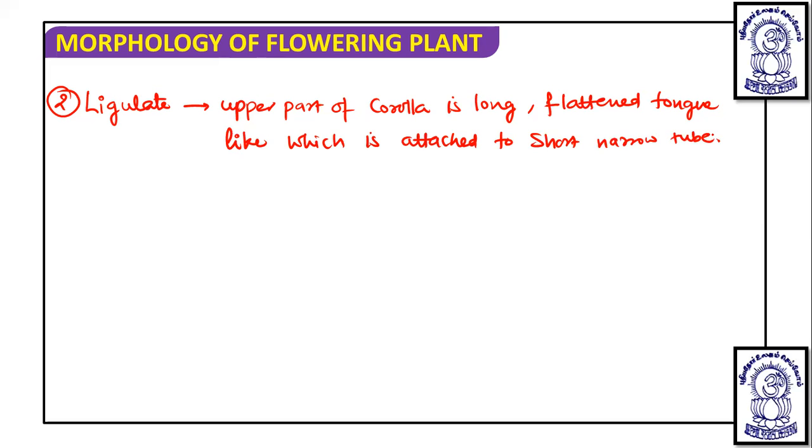So in this, you will see a diagram like this. This is the narrow tube-like structure you will see, and above this, you will see the particular structure which is formed like this.